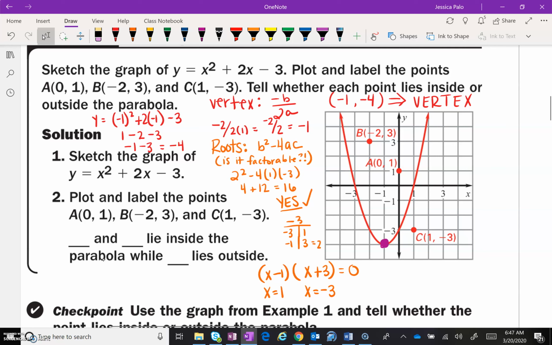And you can go back to the already graphed parabola and see that we are correct. I'll use blue. There's positive 1, there's negative 3. So there you have your parabola, and I'll do it in all sorts of crazy colors.